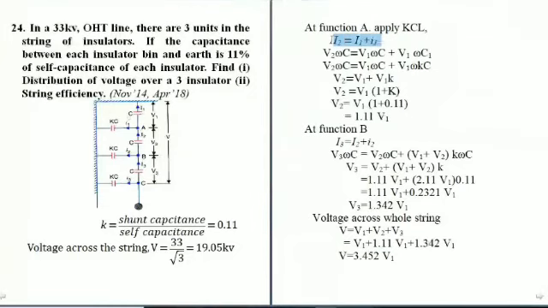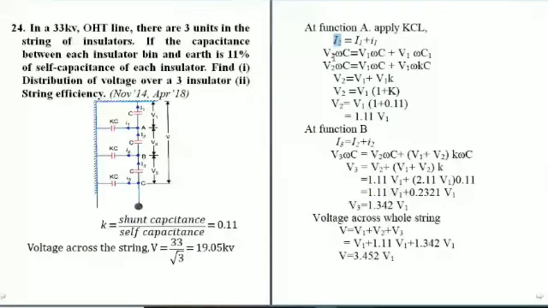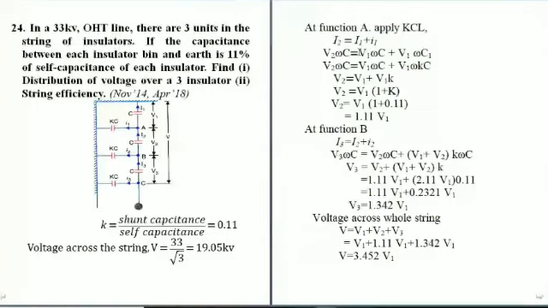Because this is related with the capacitor, this I2 has to be rewritten in terms of the capacitance. I is equal to V omega C. That is the basic formula that has to be applied in this equation. So V2 omega C is equal to V1 omega C plus V1 K omega C.